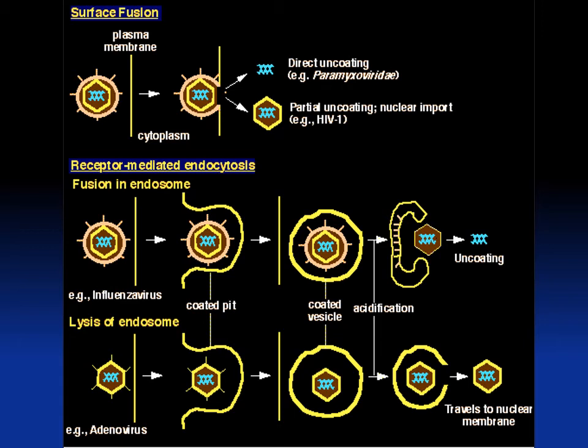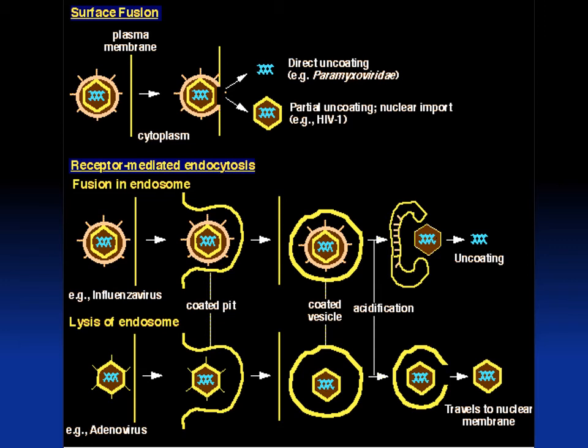Other than that, there is what we call receptor-mediated endocytosis, where usually the virus particle fuses in an endosome. As you know, the host usually tries to protect itself, so this leads the process to form an endosome that is taken inside the host, where usually there is an attempt to break down those foreign particles.